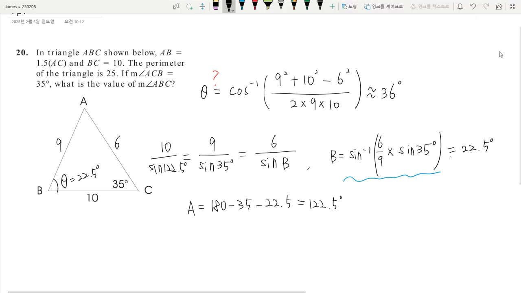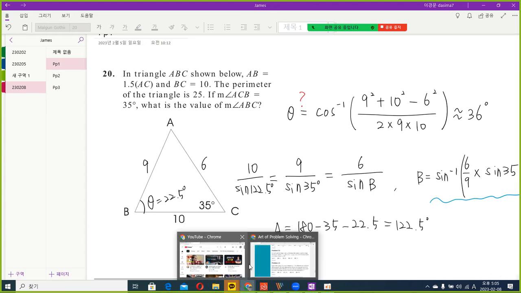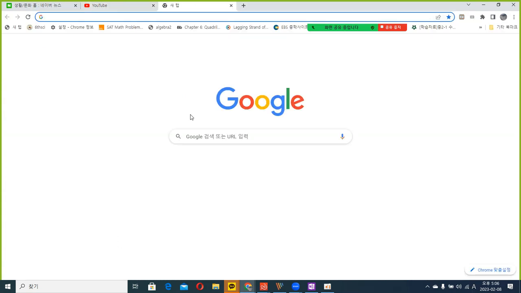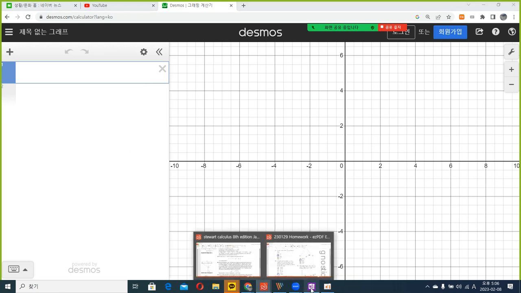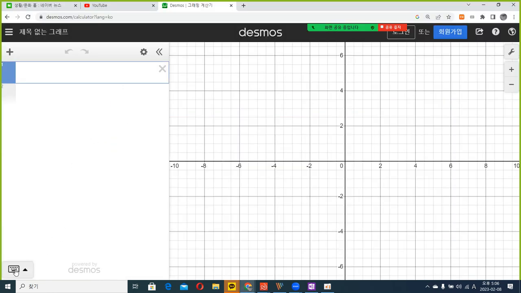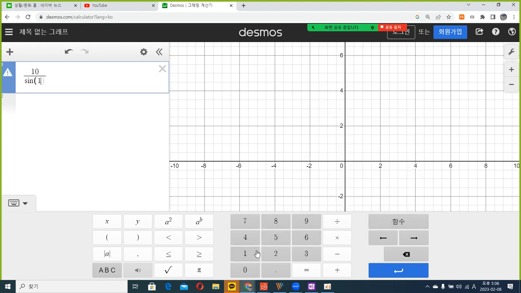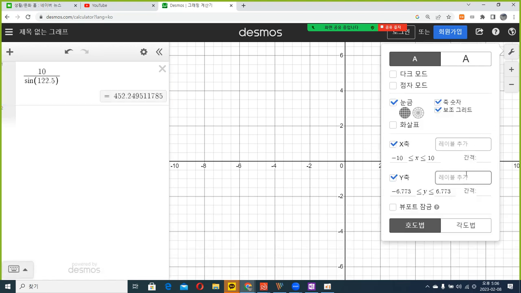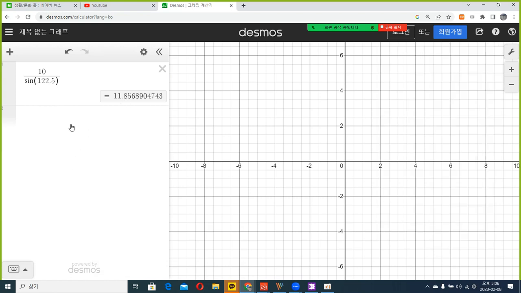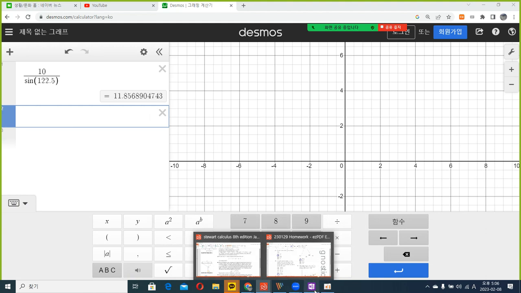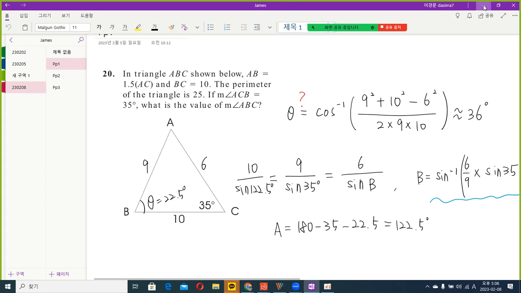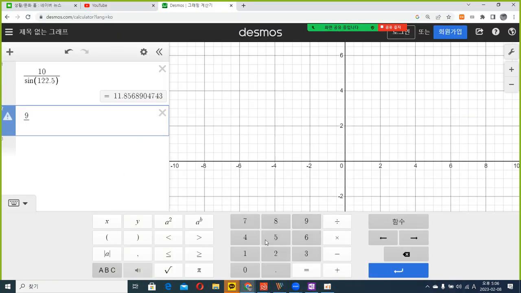So if we compare these ratios, this ratio is 11.85, and for example 9 over sine 35 degrees, the ratio is different.